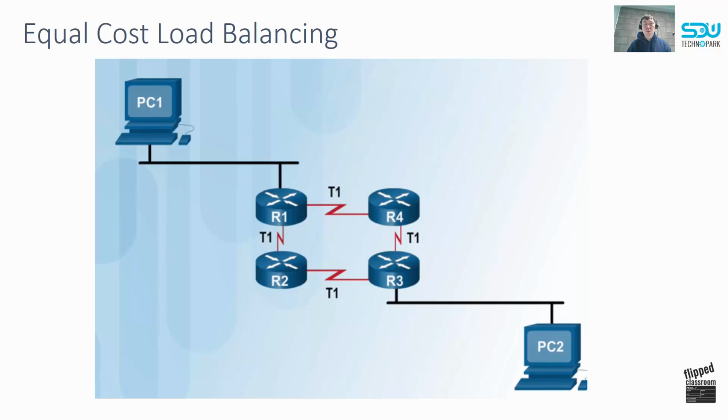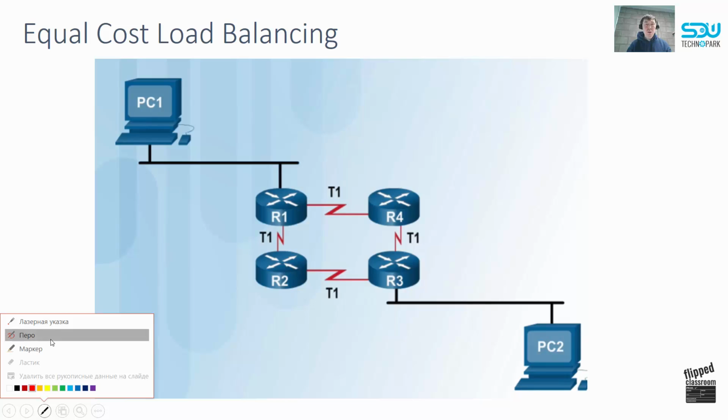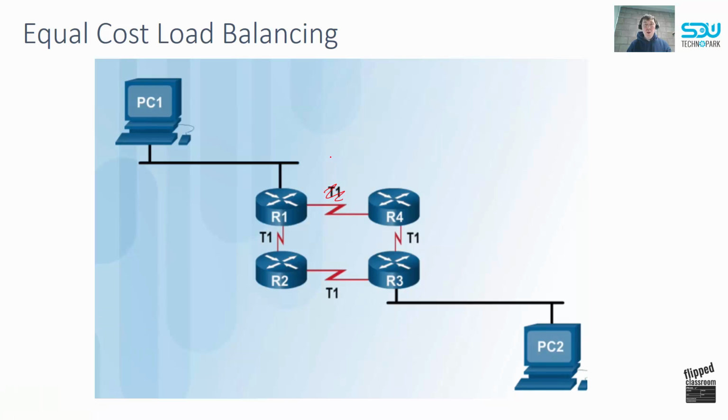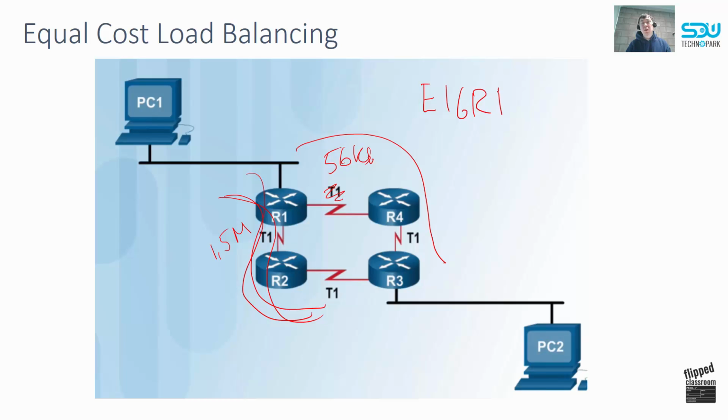And some of the routing protocols even provide the ability to do unequal cost load balancing. For example, if here you have 56 kilobits per second and here you have 1.5 megabits per second, then a lot of packets will travel by using this way, and just a few packets will travel by using this way. It will be unequal cost load balancing. One of the protocols which supports this functionality is EIGRP, Enhanced Interior Gateway Routing Protocol, which we'll speak about later.